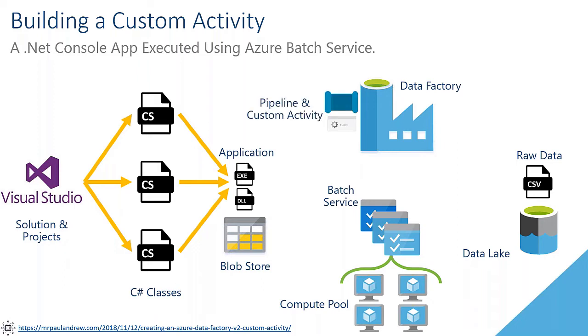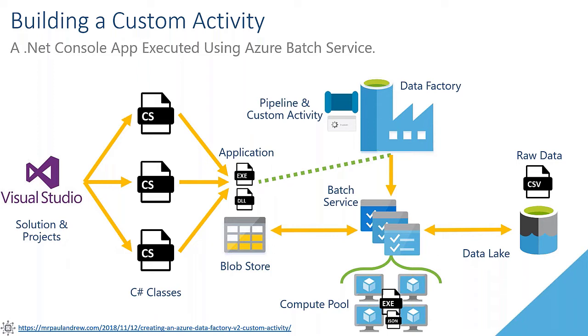I will then, in my data factory, create a pipeline. I'll create that custom activity, and then I will tell it to run. Like in my previous slide, Data Factory will talk to these linked services. At runtime, that executable will get copied onto every node within my batch service, within that compute pool. And then that app, that executable, will go and run.